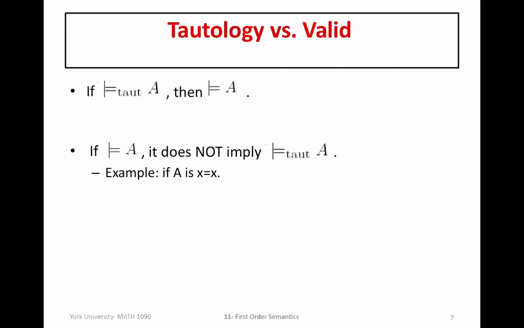So for example, if we consider the well-formed formula x equal to x, we know that no matter what interpretation we have here, the equal sign has particular meaning that always x is equal to x, right? So no matter how we define our domain, whether it's numbers, sets, whatever, equal sign is defined so that x is always equal to x. So that means that this is a universally valid formula.